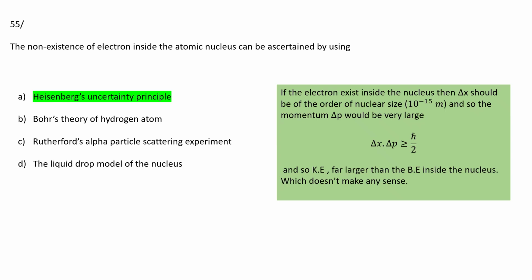Okay, because of Heisenberg uncertainty principle, that is delta x dot delta p is greater than or equal to h bar by 2. But if delta p would be very large, then the kinetic energy would be very large, which will be far larger than the binding energy inside the nucleus.